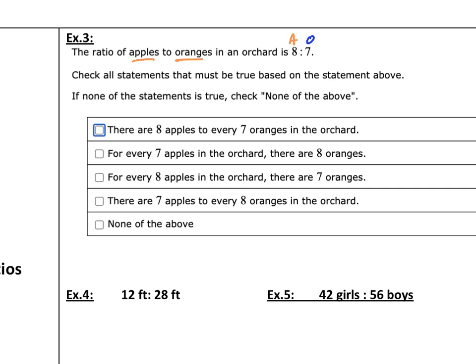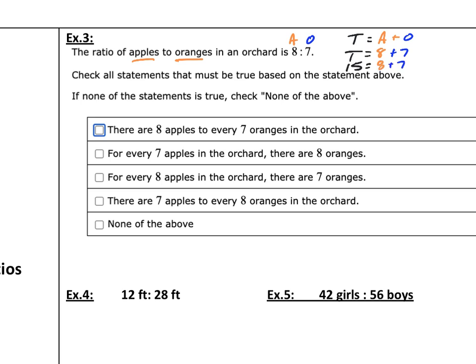If you're adding them all together, the total equals the apples plus the oranges, which means our total is 8 plus 7. So the total number is 15. That's how many pieces of fruit we have in total.